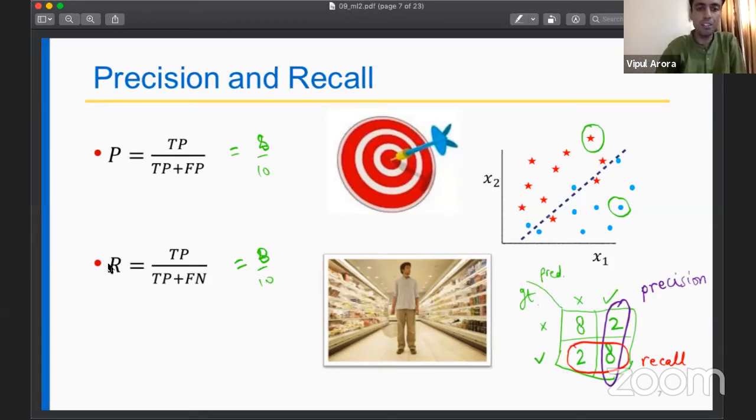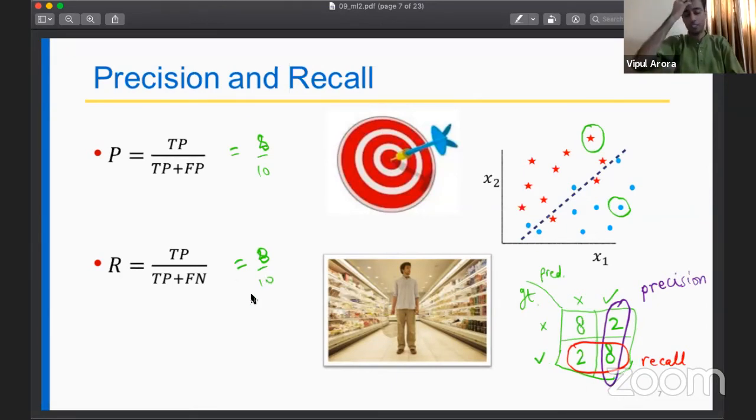On the other hand, recall is, now you won't count the number of hand raises. You will count the number of people who actually had corona, who were detected as corona. True positive means you raised your hand when the person actually had corona. What is false negative? False negative means the person had corona, but you did not raise your hand, so he was not caught. He was taken as a negative, but actually he was positive. So this is recall.